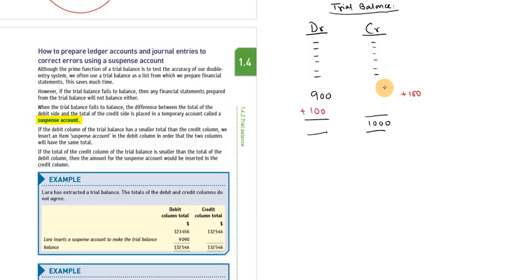So we don't know the errors at this time. To balance the trial balance, we use the suspense account.